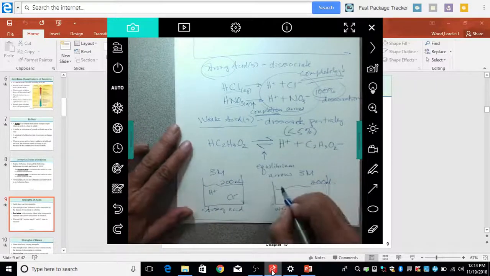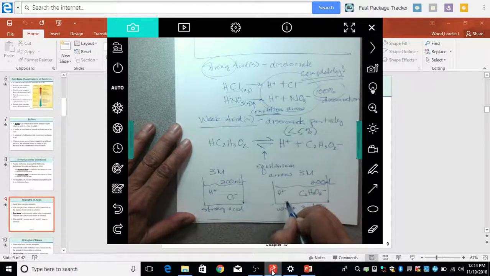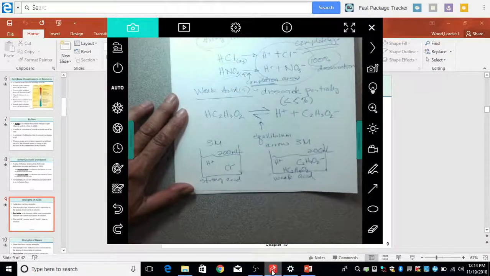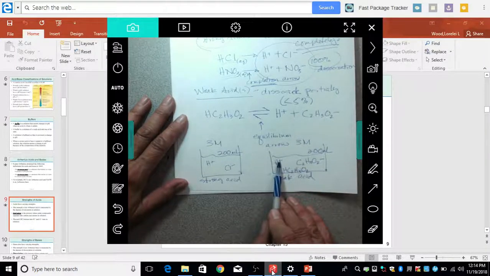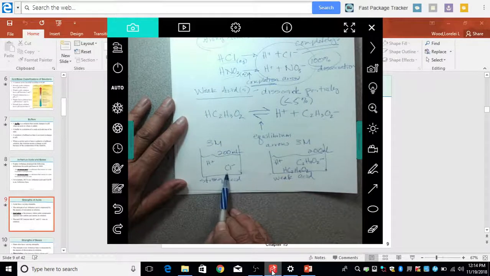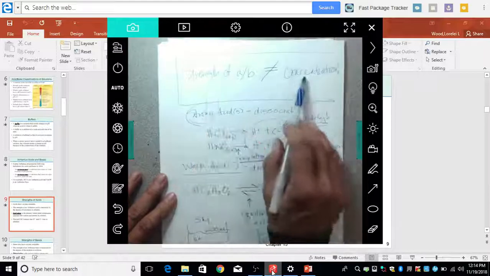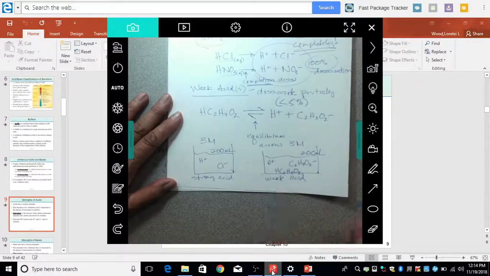In a weak acid, you're going to have hydrogen ions, you're going to have the acetate polyatomic ions, and you're going to have the undissociated particle that you started with. So you're going to have mostly those, a few of those, and a few of those. In a strong acid, you're only going to have these kind of things here. All right? So strength of an acid has nothing to do with the concentration. The strength of an acid has to do with how much they dissociate.